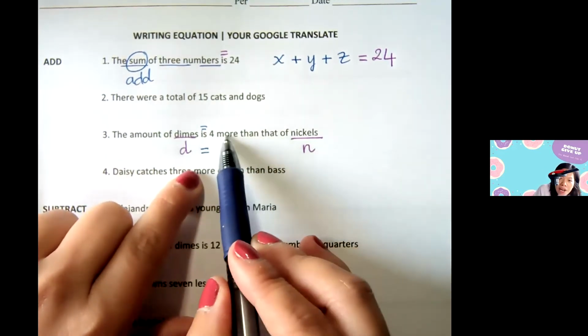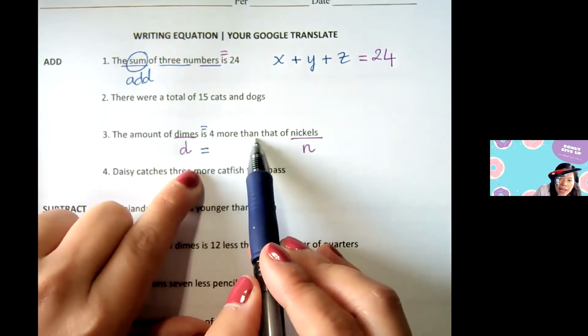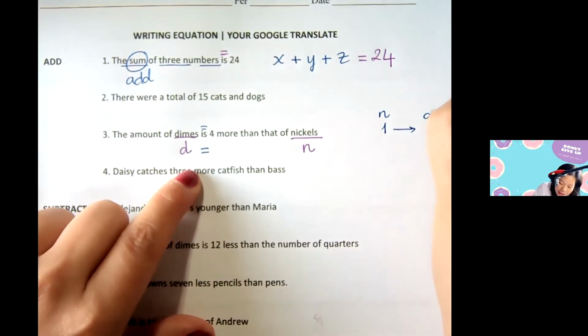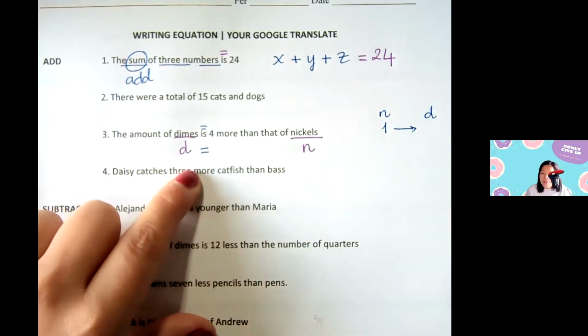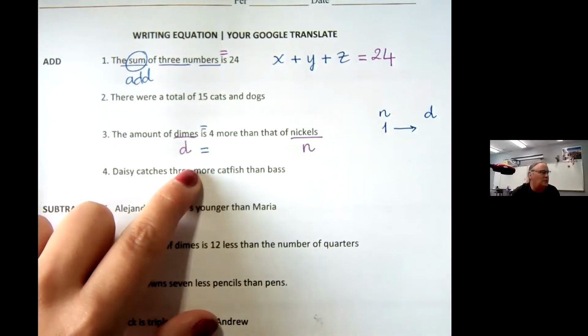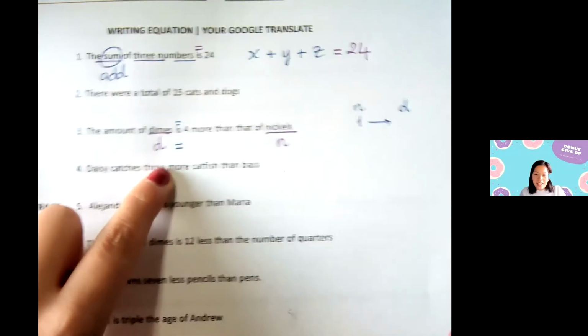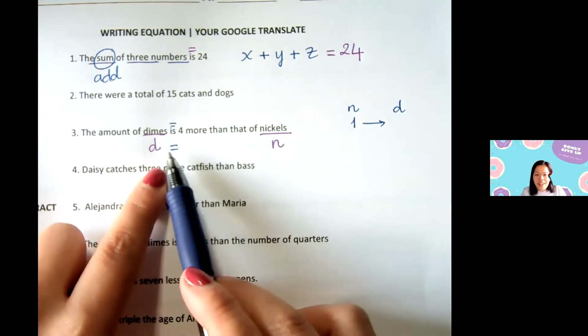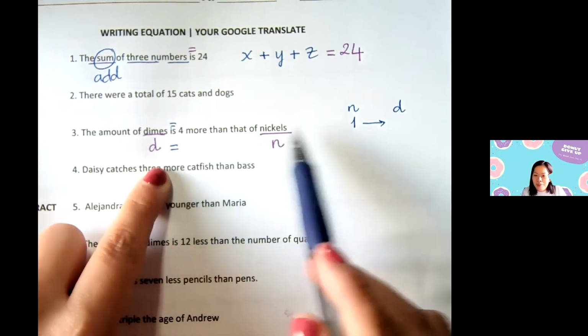Now, let's read this one a little bit more. It says 4 more than. Suppose you have one nickel. How many dimes should you have if you have 4 more than the number of nickels? All we know are nickels. We don't know dimes. If we know the number of nickels, do you know the number of dimes? They say the number of dimes is 4 more than the number of nickels.